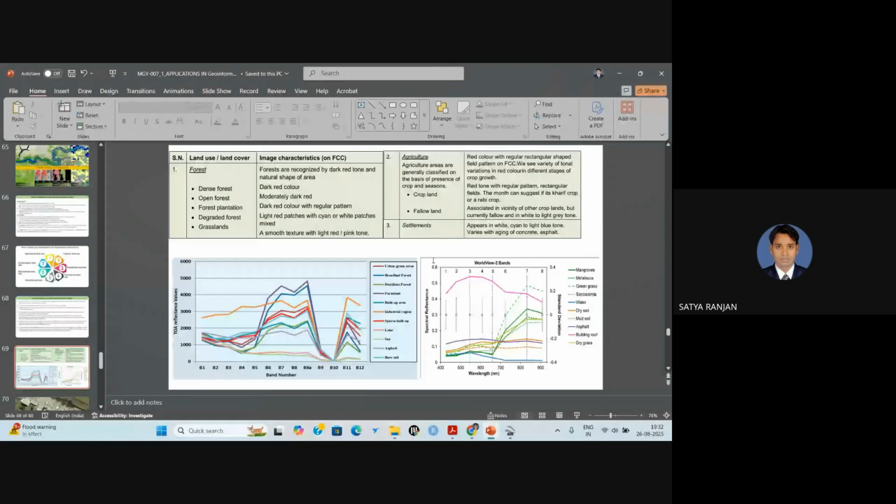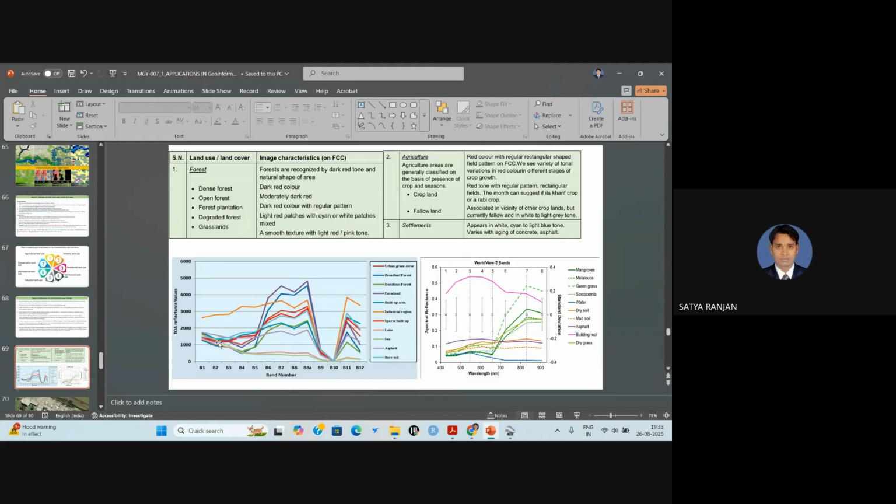What is the land use pattern? Different bands have different categories of land use. Built-up areas have different reflectance, farmland has different reflectance, then lakes, water bodies, and sea have different reflectance.